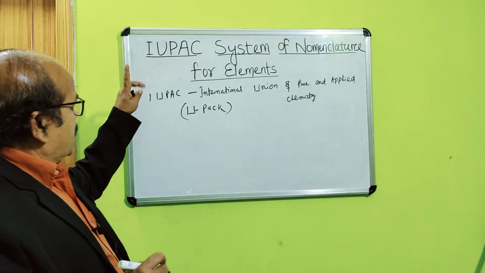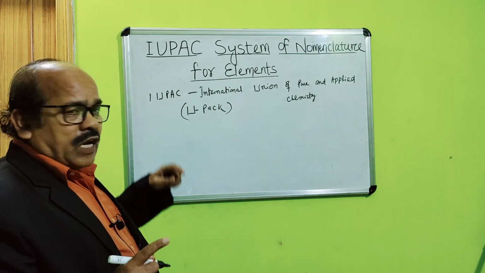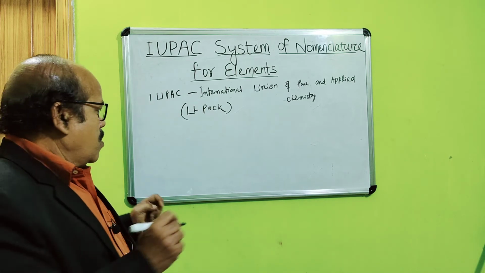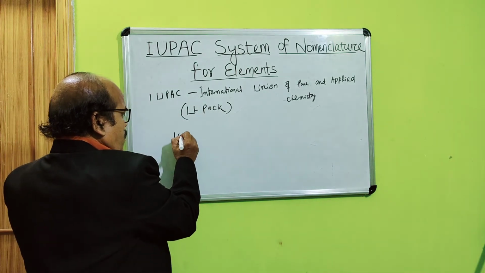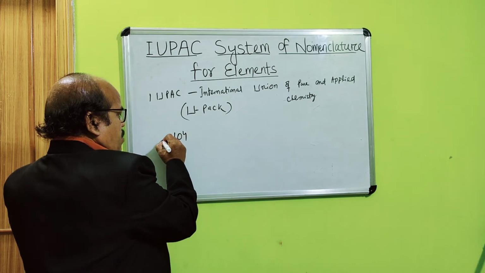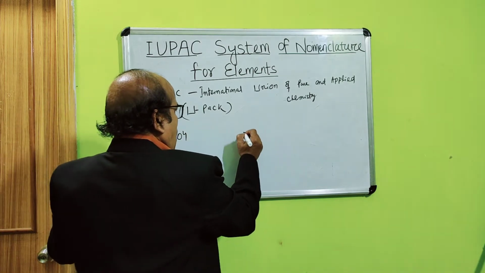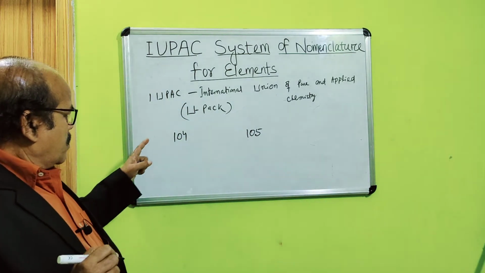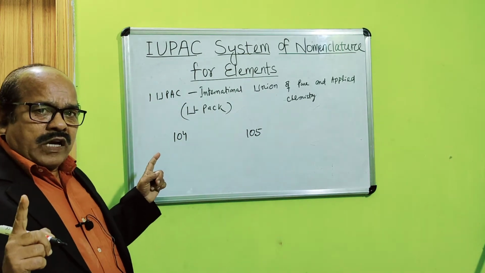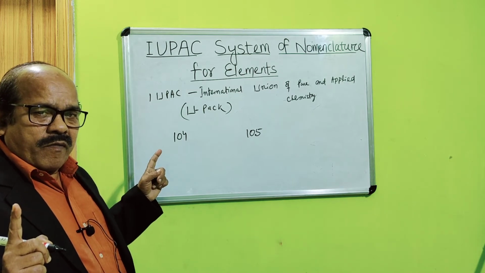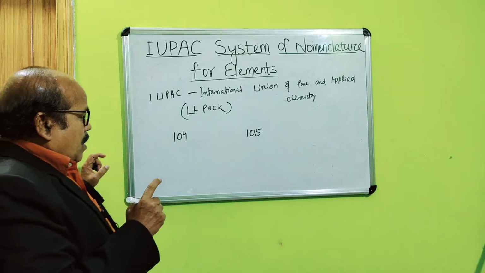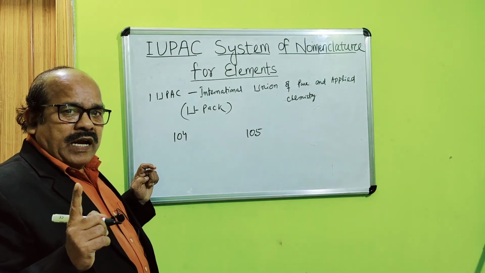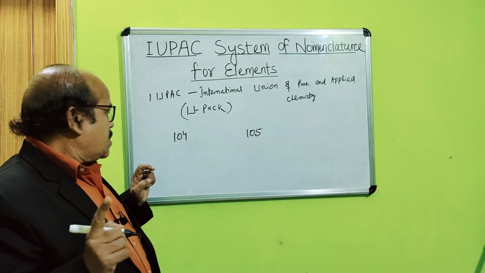Now why are we reading this IUPAC system of nomenclature for elements? The problem arises when element 104 was found out, and also 105. The name of element 104 was claimed by two scientists, one from the Russian side, the other from the American side.